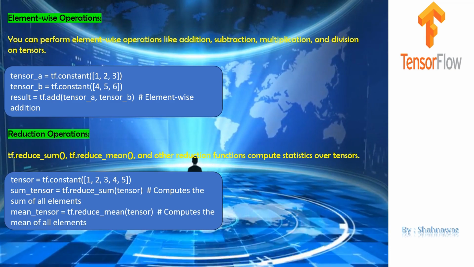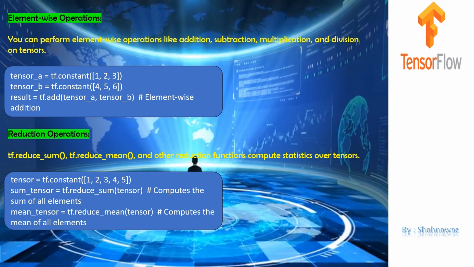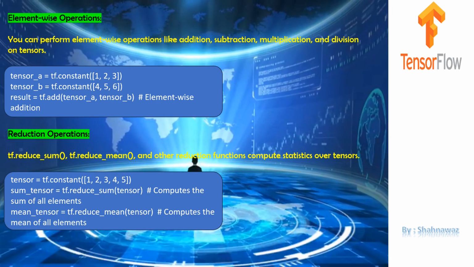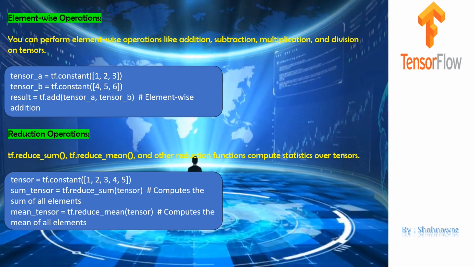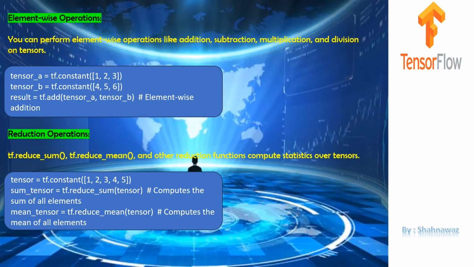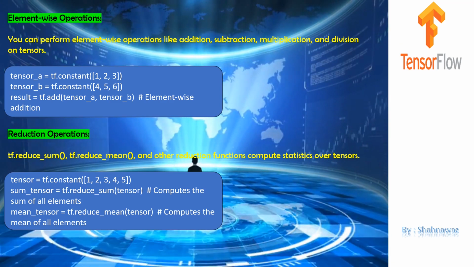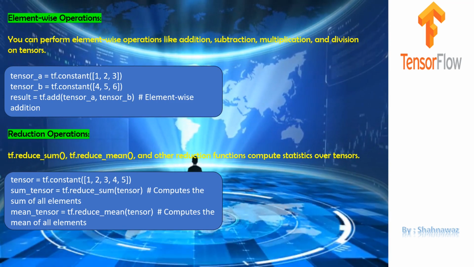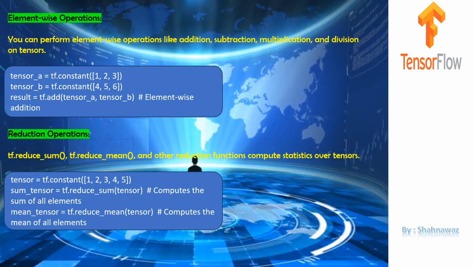Element-wise operations. You can perform element-wise operations like addition, subtraction, multiplication, and division on tensors. Command is tensor_a equals tf.constant, 1, 2, 3, tensor_b equals tf.constant, 4, 5, 6, result equals tf.add, tensor_a, tensor_b, #element-wise addition. Reduction operations.